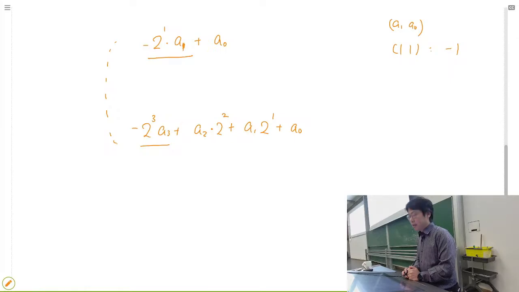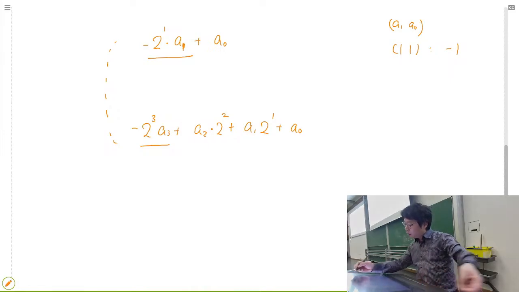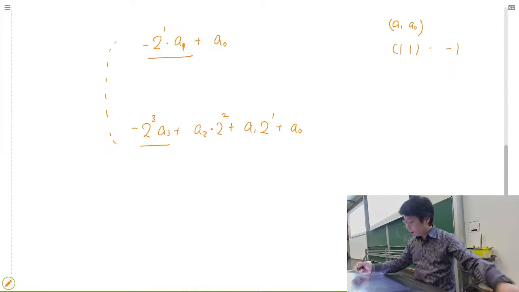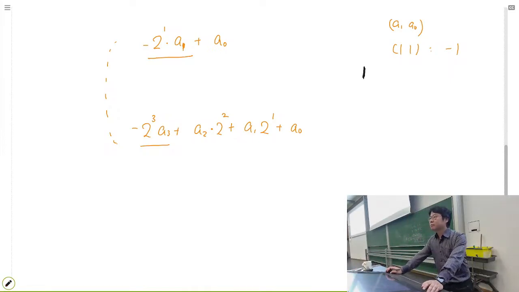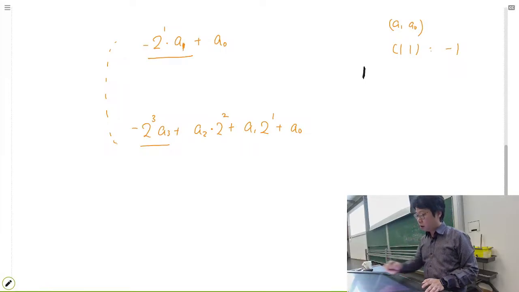Okay. So now what you can do to keep this minus 1 is that when you extend to the left, you have to somehow make this with the first bit of 1. Okay, so what is the difference of this? So this was originally minus 2, now this is minus 8.